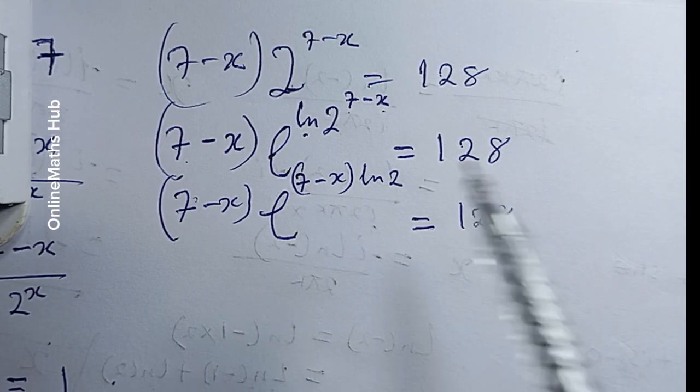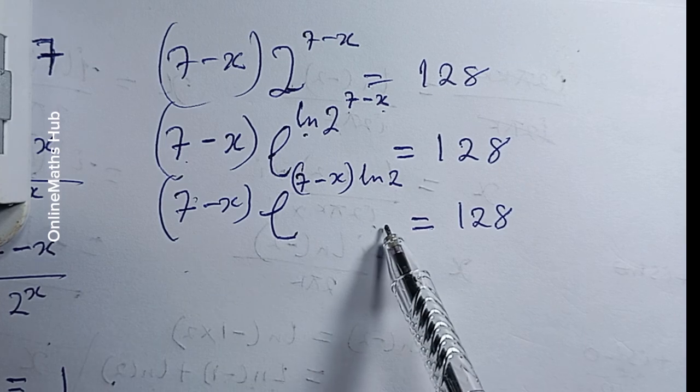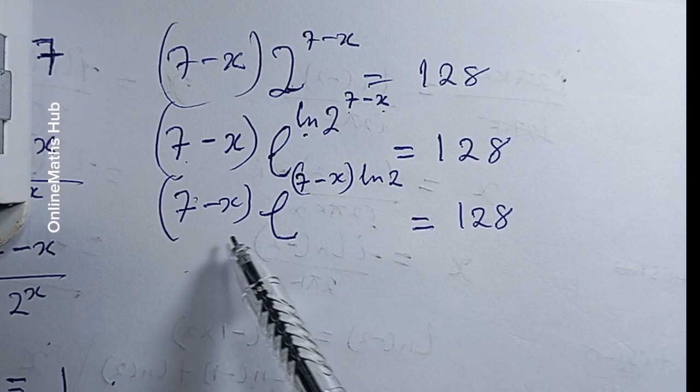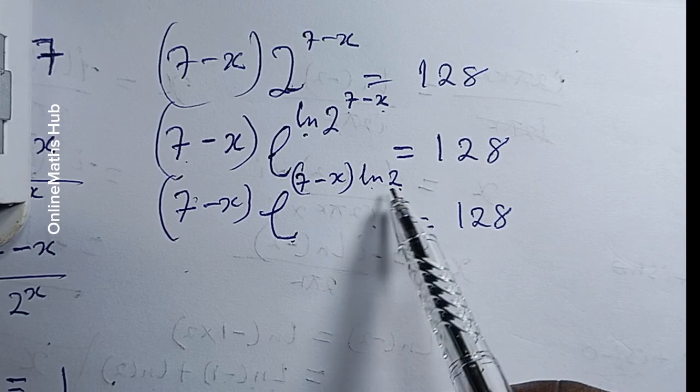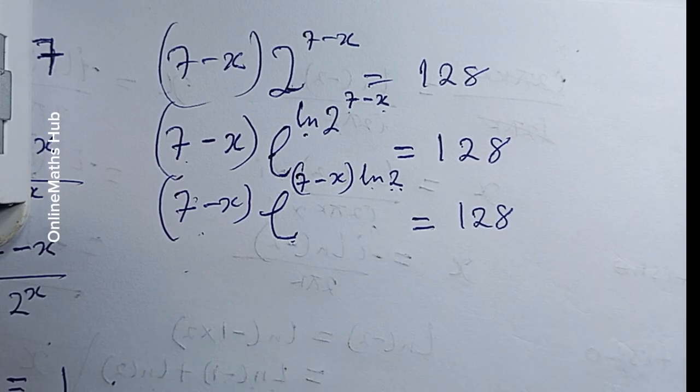The only thing that is remaining for us is to have this function in the form of a exponential a, so we need to find a way to attach log 2 to the base right here, and we can achieve that by multiplying both sides by log 2.